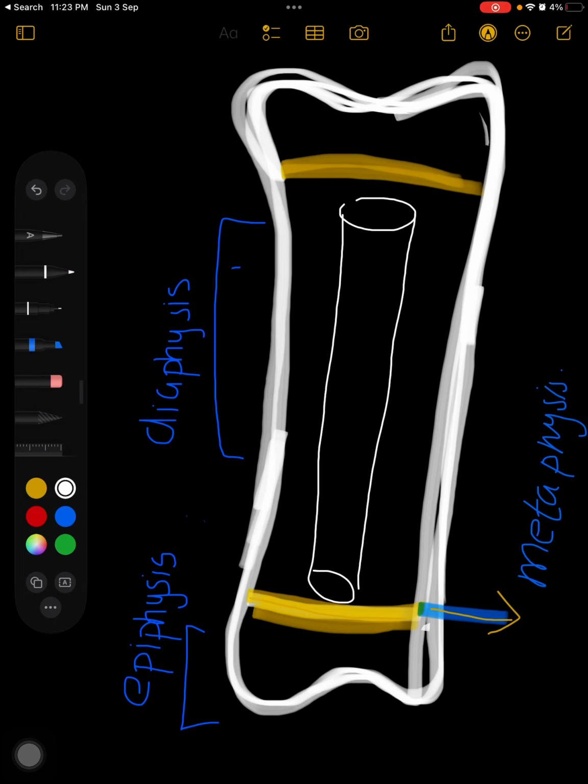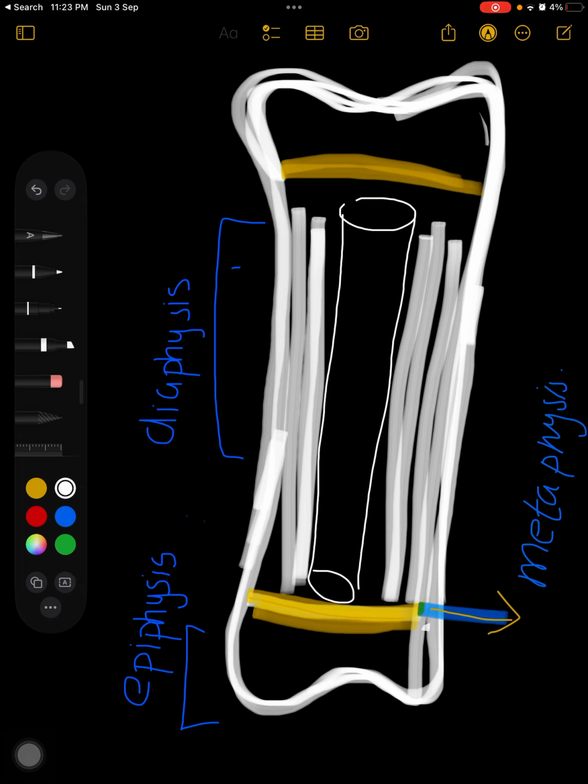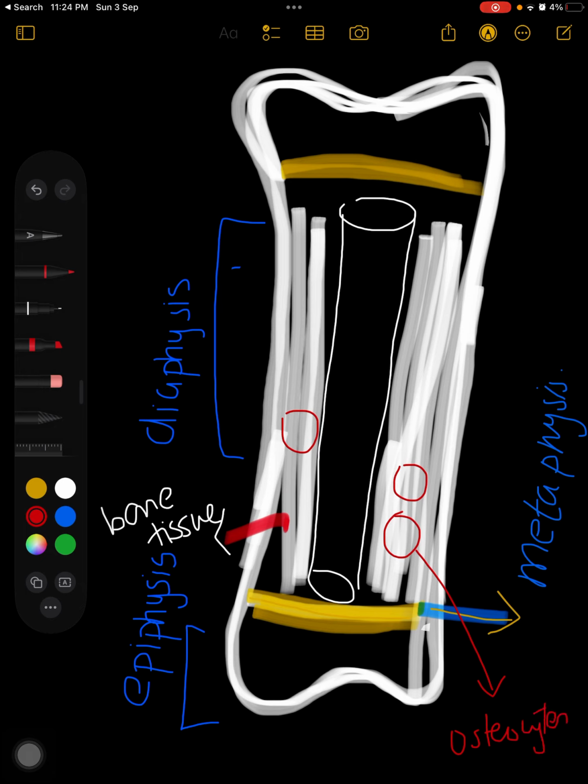So here it is bone tissue, and it contains cells. These cells are known as osteocytes.